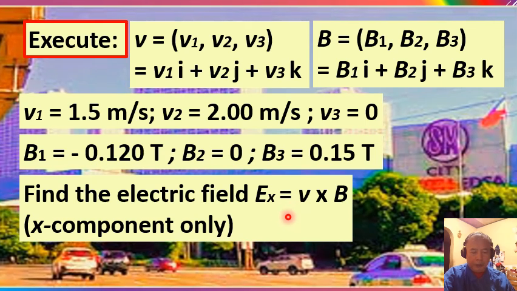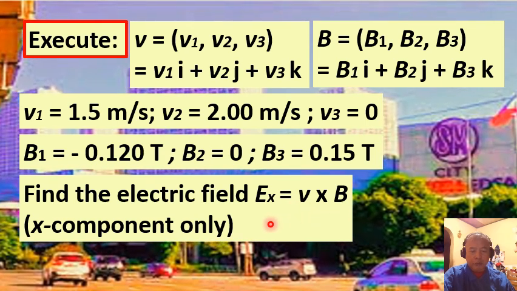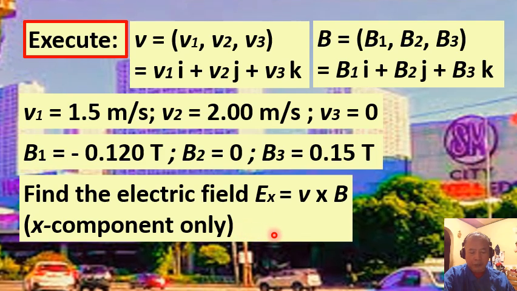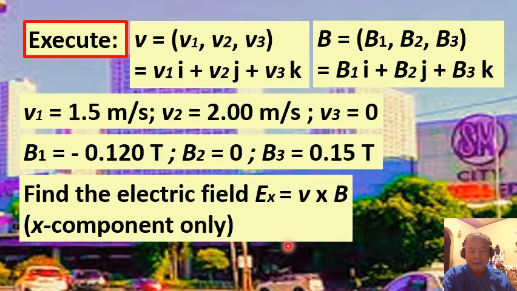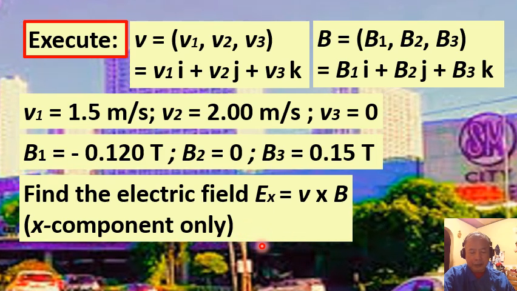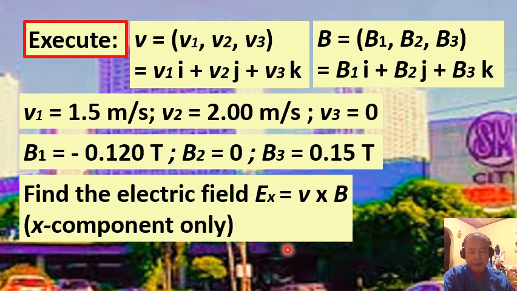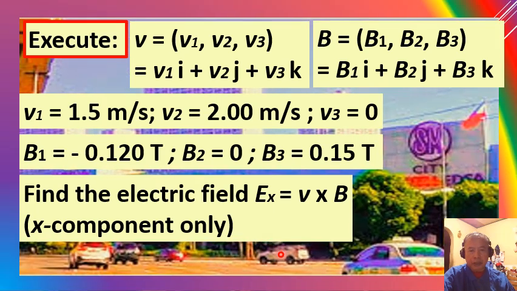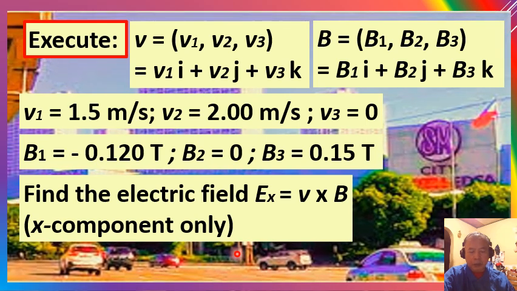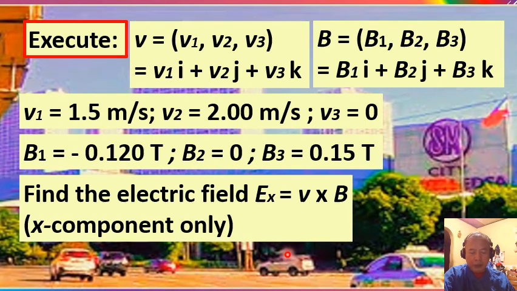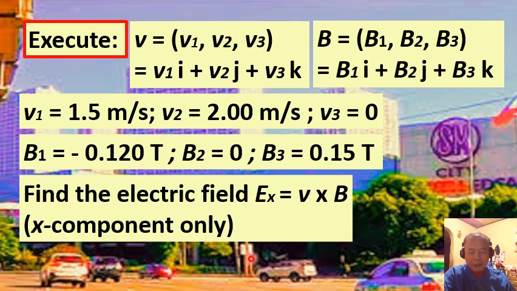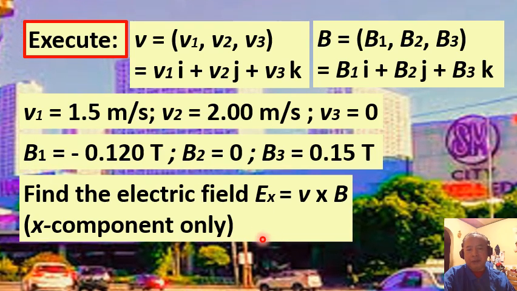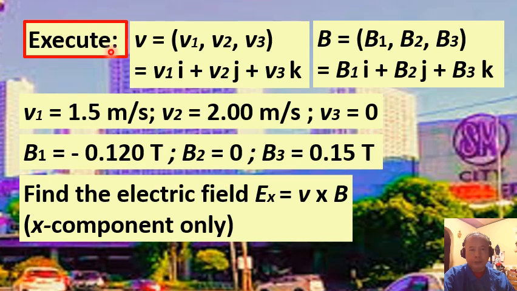We need to remember that we need to find only the magnitude of the x component of the induced electric field, capital E, or that is small v cross capital B, right? We don't need the y and the z components of this electric field vector.